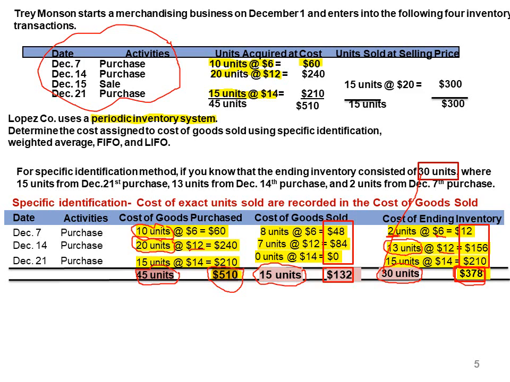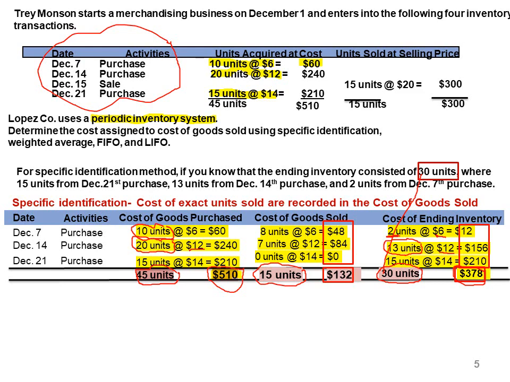So 13 units times $12 will equal $156, as you can see. Then the last information that we have is that only 2 units remain from the December 7th purchase. So we are going to write that under the column of cost of ending inventory related to December 7th.